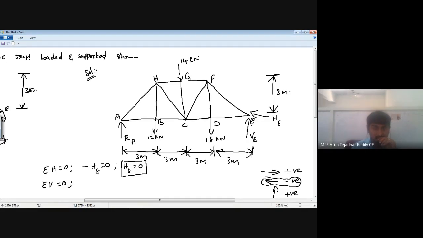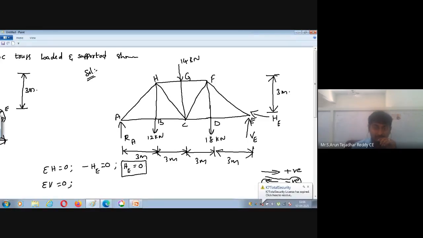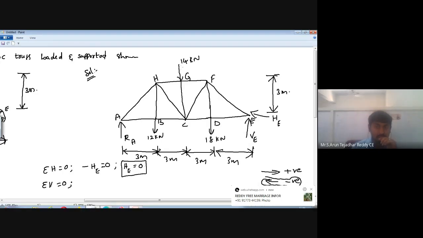RA is a vertical force, the 12 kilonewton load is vertical, the 18 kilonewton load is vertical, the VE reaction is vertical, and 14 kilonewton is also vertical. Check the directions.